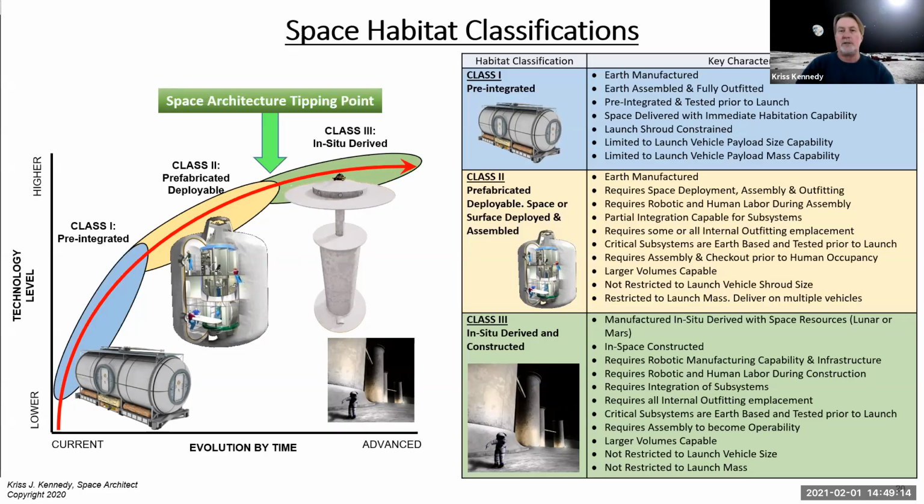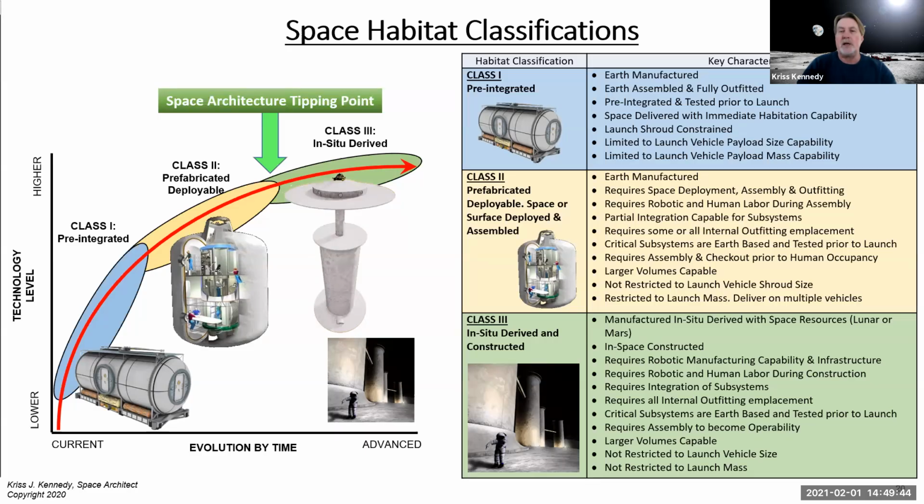Class 2 is thought of as a prefabricated deployable space or surface deployed and assembled. So it too is Earth manufactured, but it requires space deployment, assembly, and outfitting. It requires robotic and human labor during assembly. Its partial integration capabilities for the subsystems requires some of the internal outfitting and emplacement.